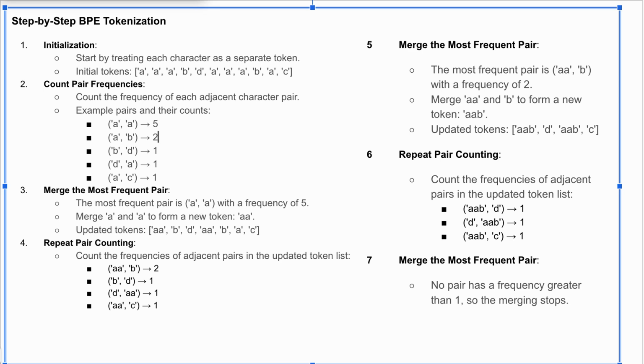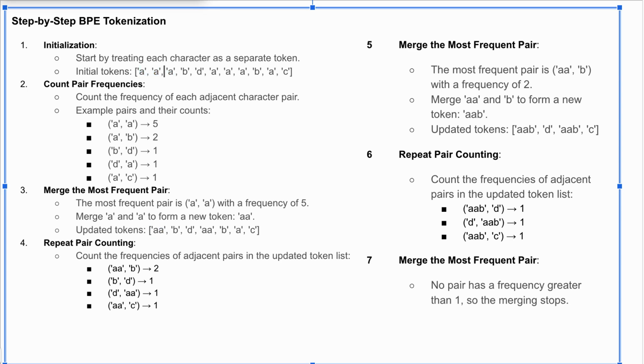Now the idea behind byte pair encoding is to merge the frequently occurring pair. In this case, the most frequently occurring pair is A comma A. So this gets merged. You see the three A's which are repeating can be merged into AA.